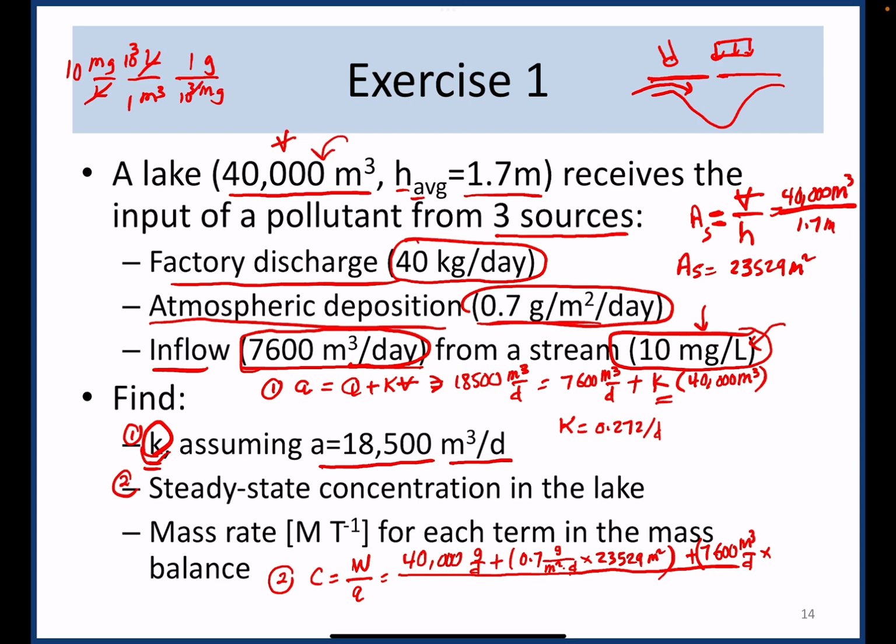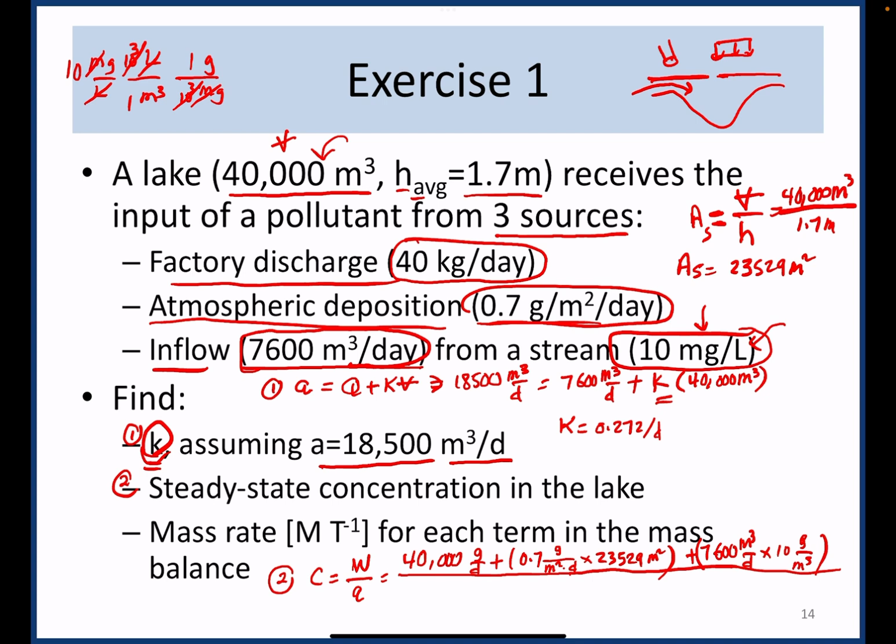So 10 milligram per liter is equivalent to 10 gram per meter cube. Meter cube cancels with meter cube, giving gram per day, so we are fine in terms of units.